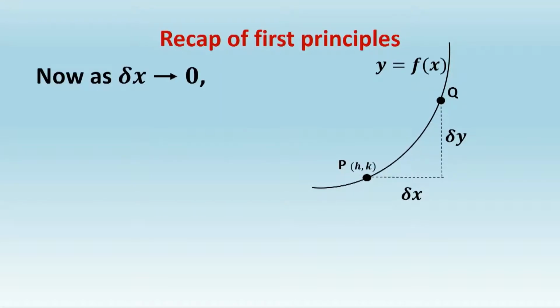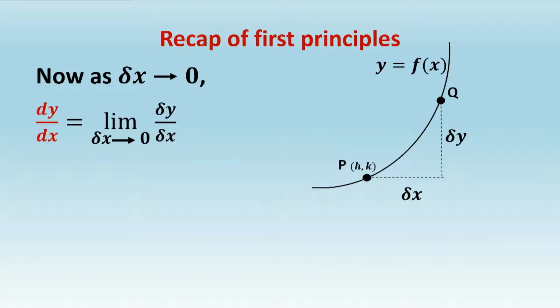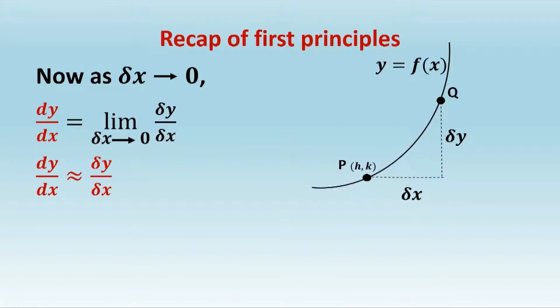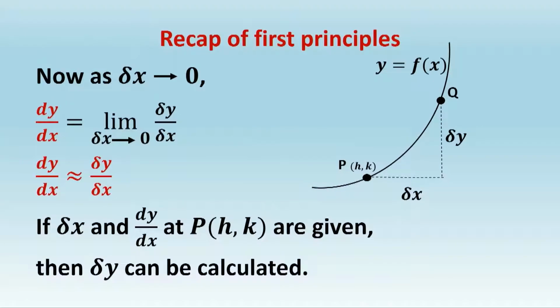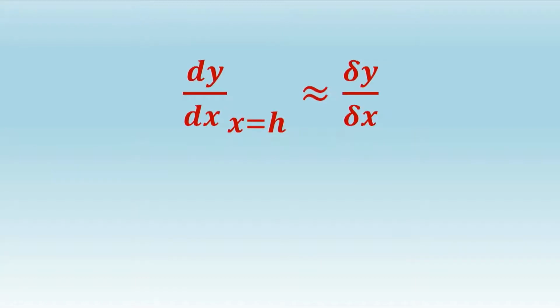As Δx tends to 0, Δy over Δx will tend to dy/dx, so dy/dx is approximately Δy over Δx. If Δx and dy/dx at point P(h, k) are given, then Δy can be calculated. dy/dx at x = h is approximately Δy over Δx.